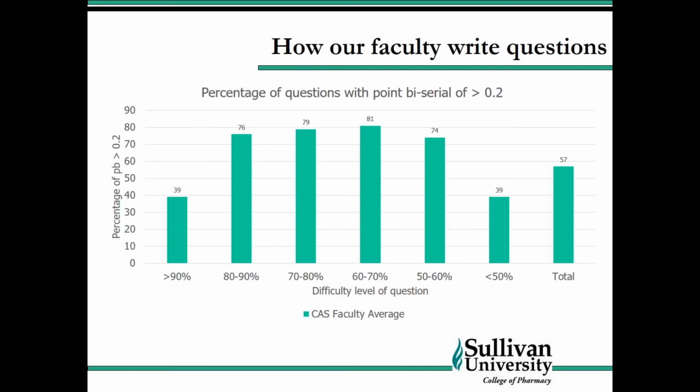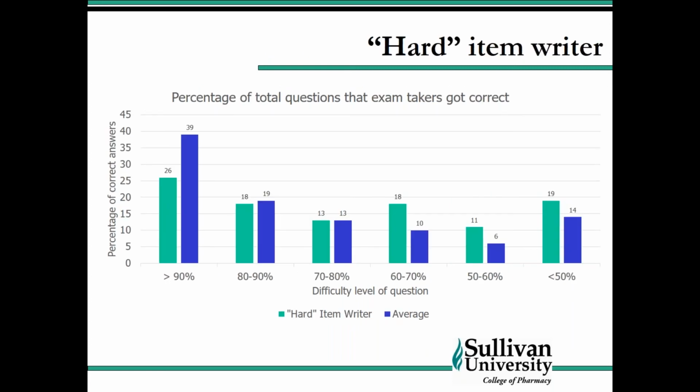Then what I can do with this is take those faculty averages, which are in blue, and compare them to an individual faculty member, to see whether that faculty member is writing more difficult or easier questions than their peers. In this case, this would be considered a hard item writer.